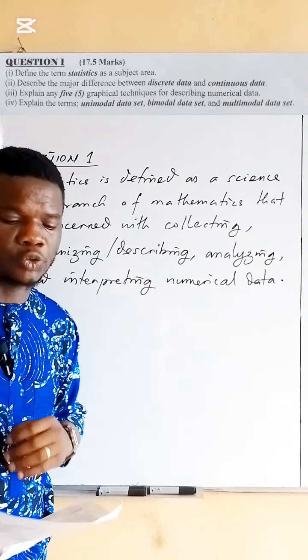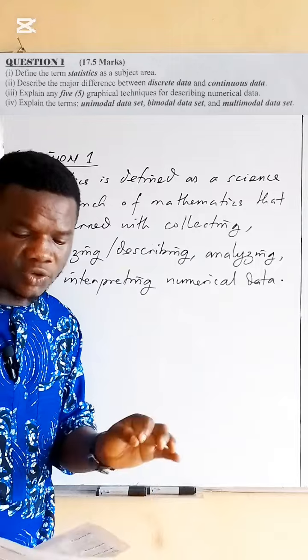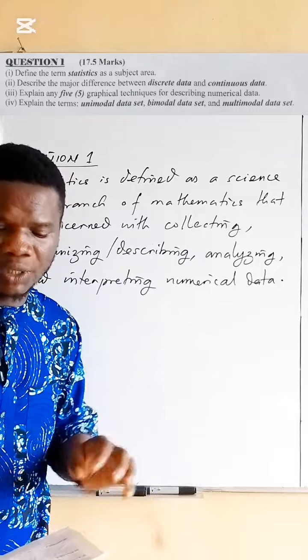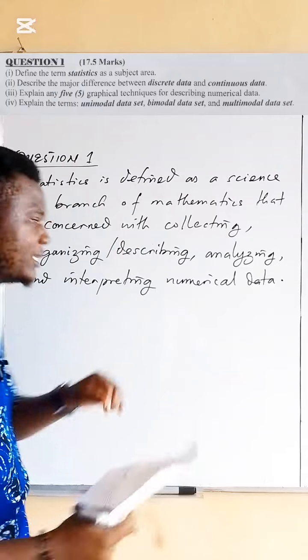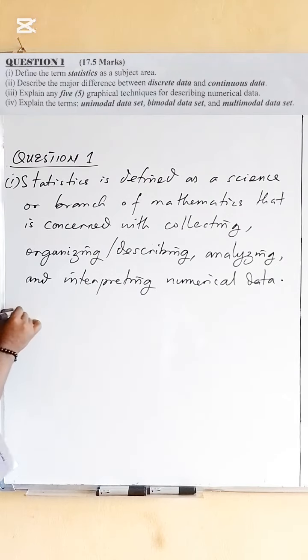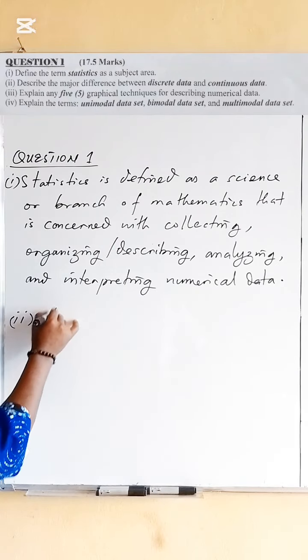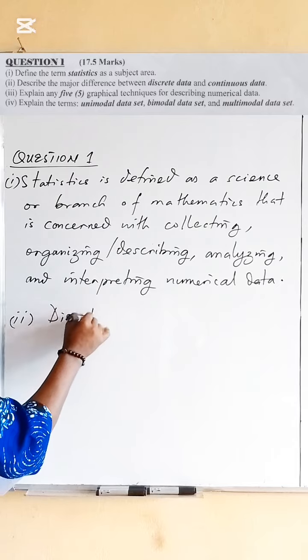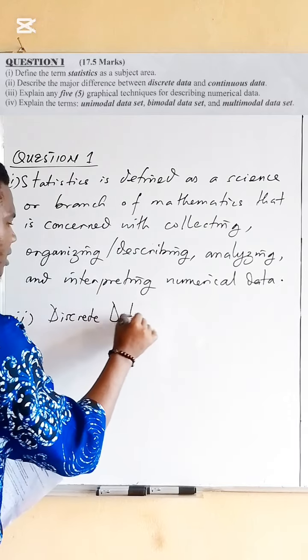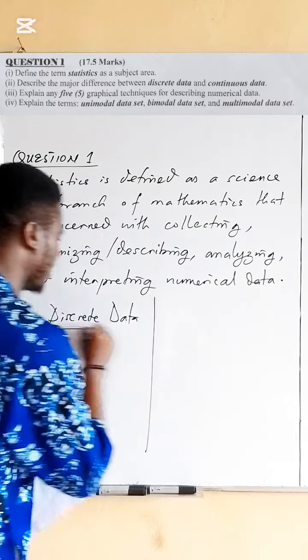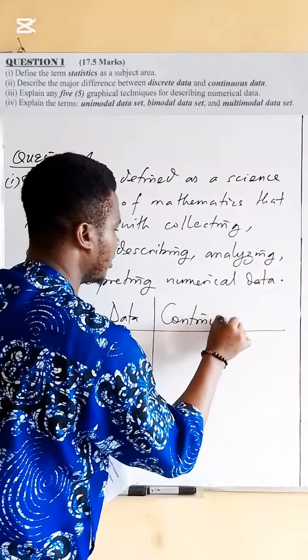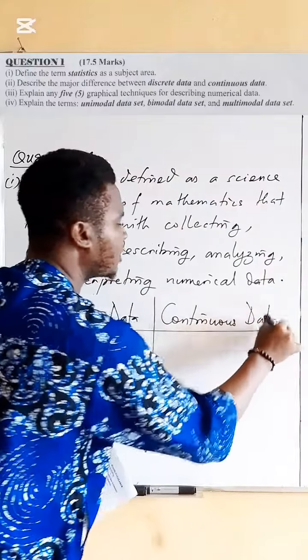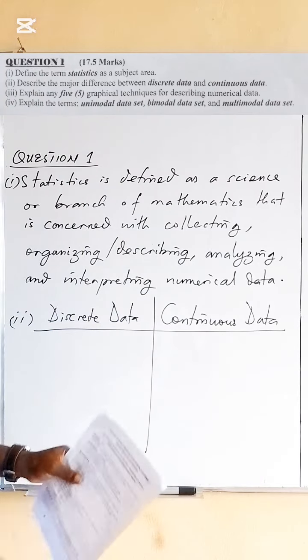Let's go to question 2. Question 2 says, describe the major difference between discrete data and continuous data. Now let's come over to the board. I'm going to put here discrete data, separate that with a line, and put over here continuous data.